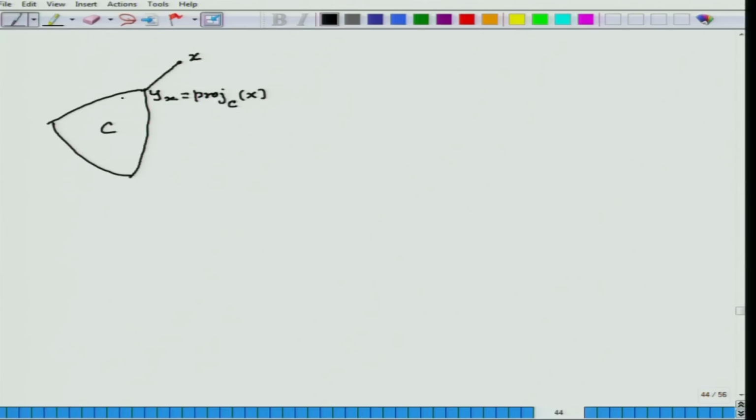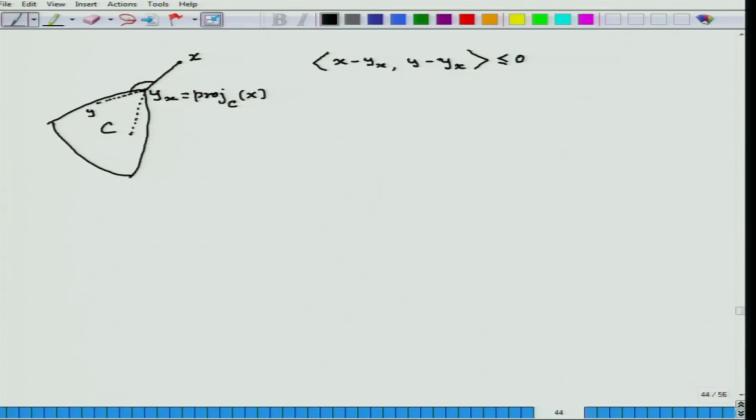Now, you take any other point, say y in C, and join it with y x. Then this angle, if you observe, is an obtuse angle, which means that the inner product of this vector and this vector is less than or equal to 0, and this is true for any y you take.